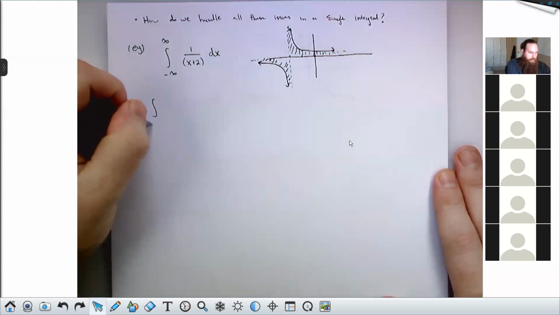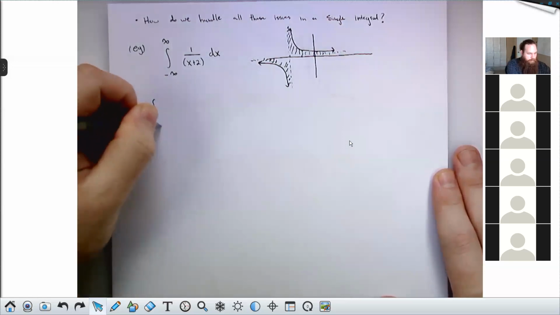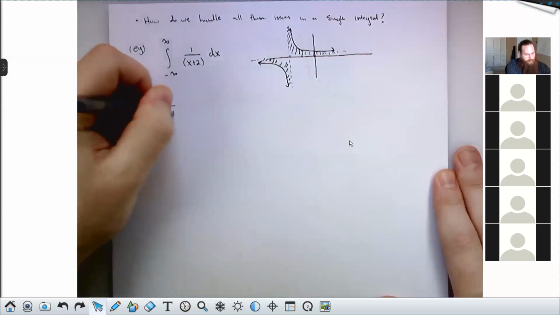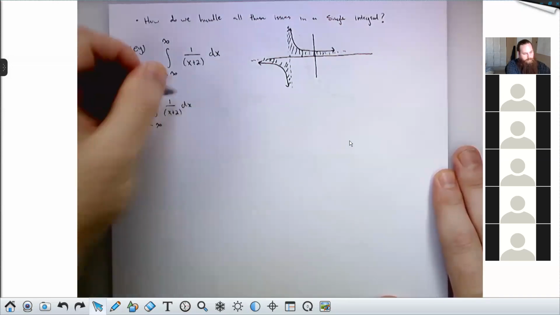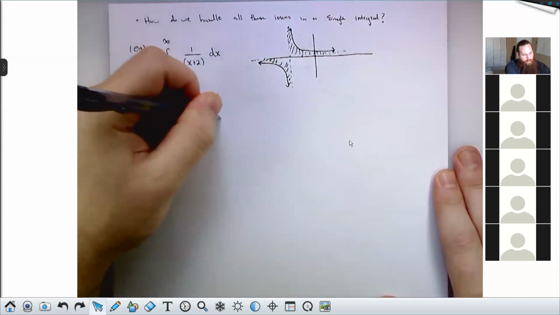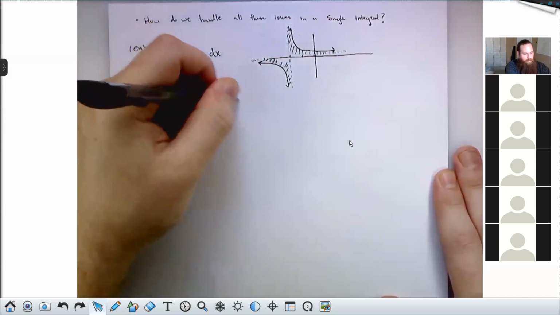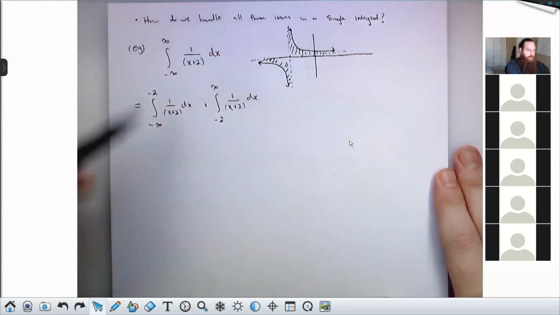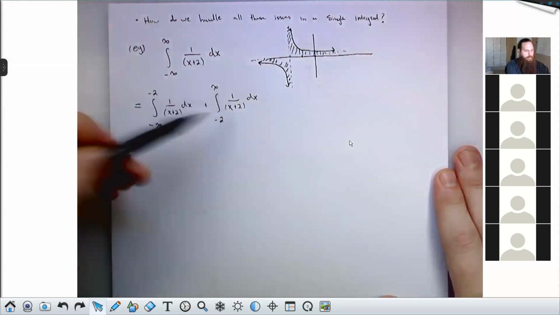So I'd begin by thinking of this as the integral from -infinity to -2, 1 over x plus 2 dx, plus the integral from -2 to infinity, 1 over x plus 2 dx. But now this guy has two problems, and this guy has two problems.